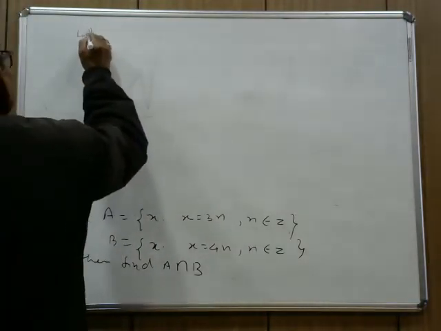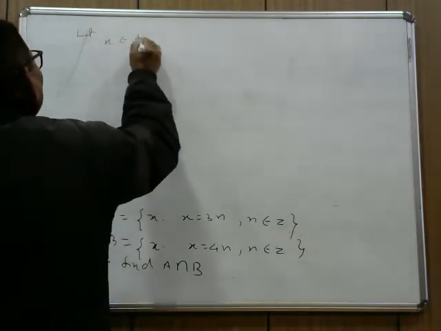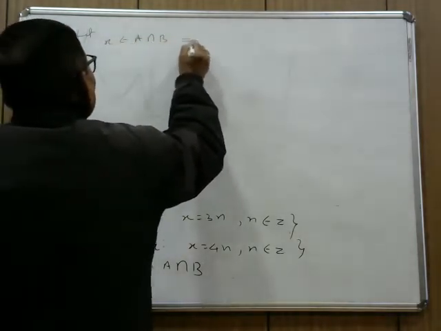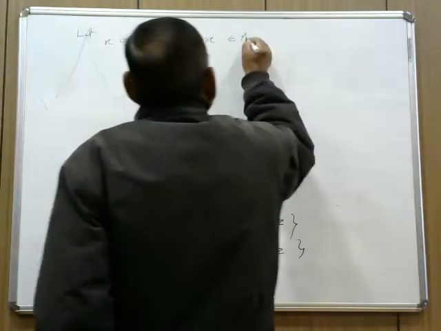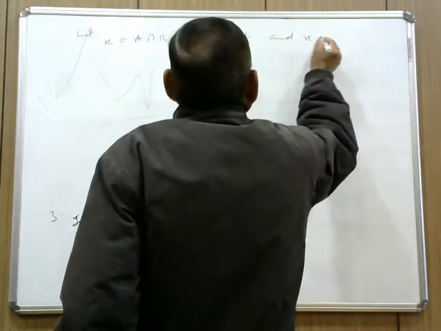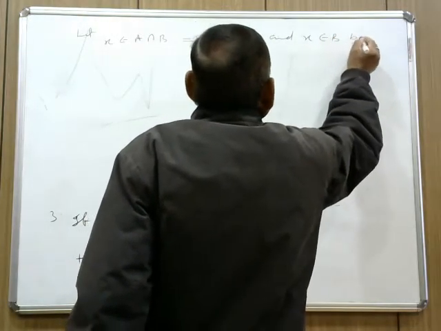So what do you do? Let x belong to A intersection B, which implies x belongs to A and x belongs to B both.